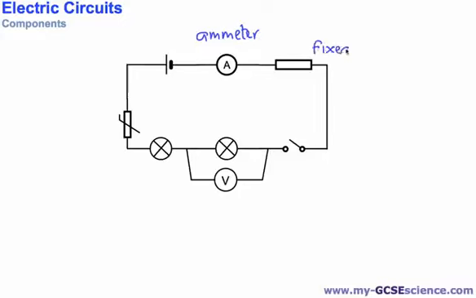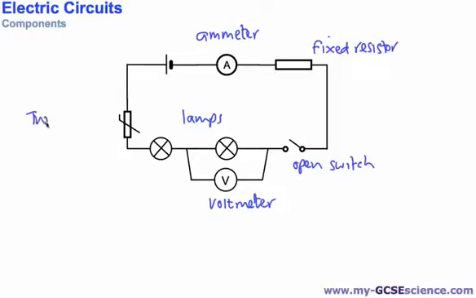Here is a fixed resistor, which is lowering the current, an open switch, a couple of lamps, a voltmeter measuring either voltage or potential difference, a thermistor, one of the trickier ones, which is like a heat sensor or temperature sensor, and what else have we got? And a cell over here. And I think that's just about everything.